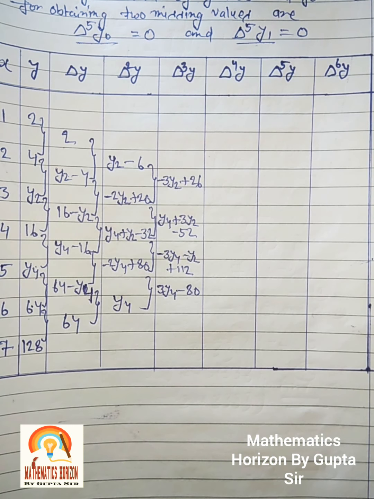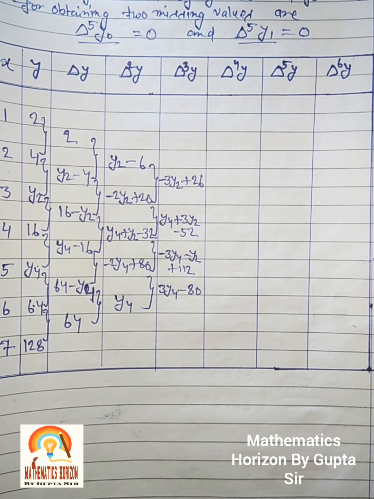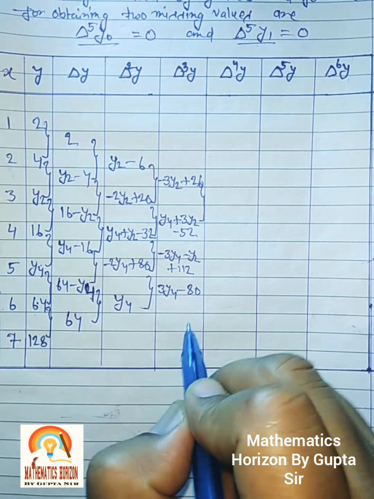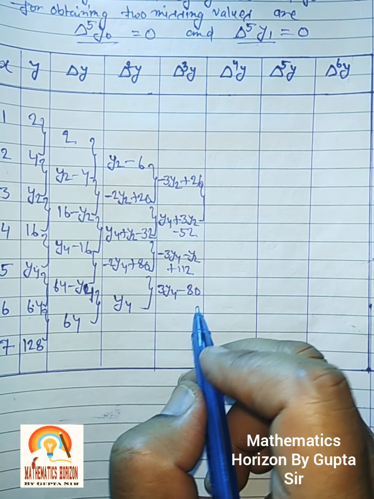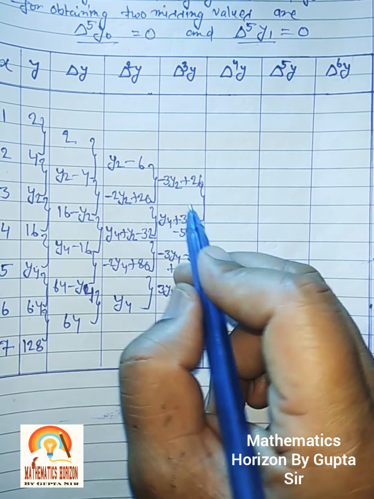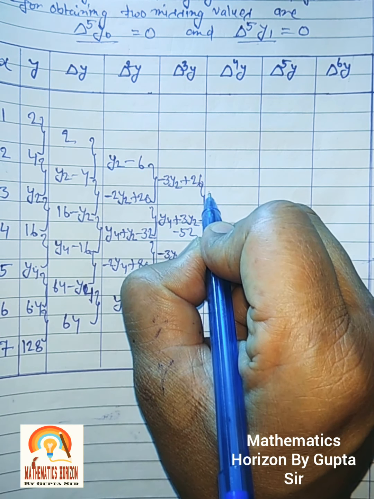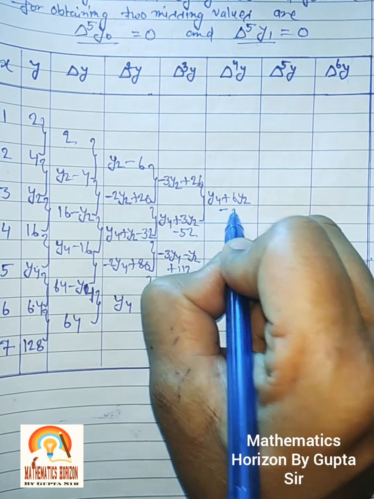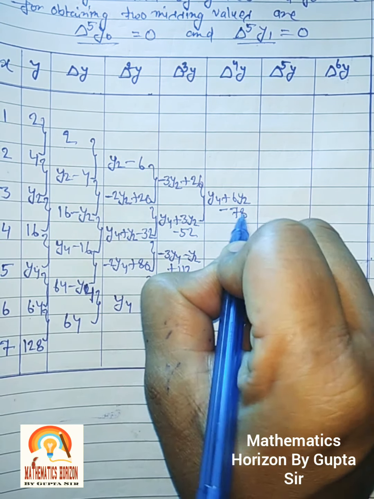Now we calculate differences of fourth order. Differences of fourth order means this term minus this term, and here we get y4 plus 3 plus 3, 6y2. Here what we get? y4 plus 6y2 minus 78.